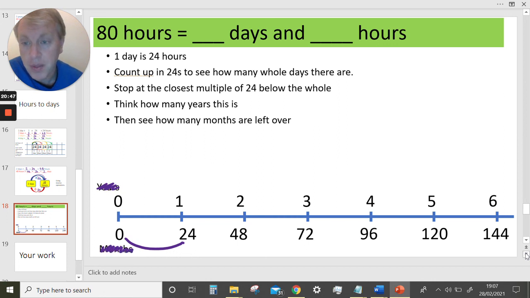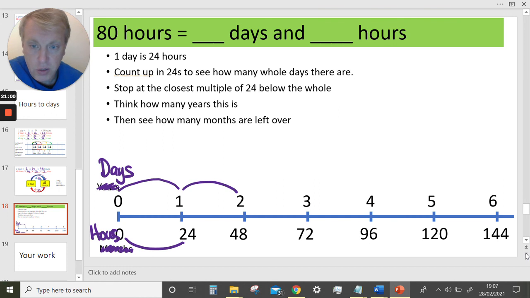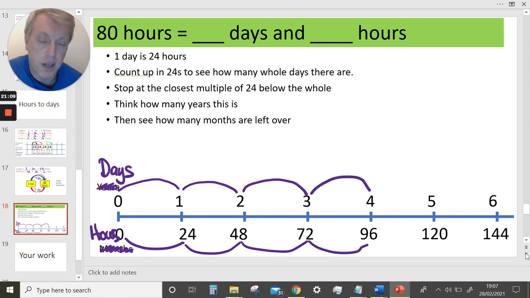This is the days, and this is the hours now. So 1 day, 24 hours. 2 days, another 24, 48. 3 days, another 24, 72. 4 days, another 24, 96.